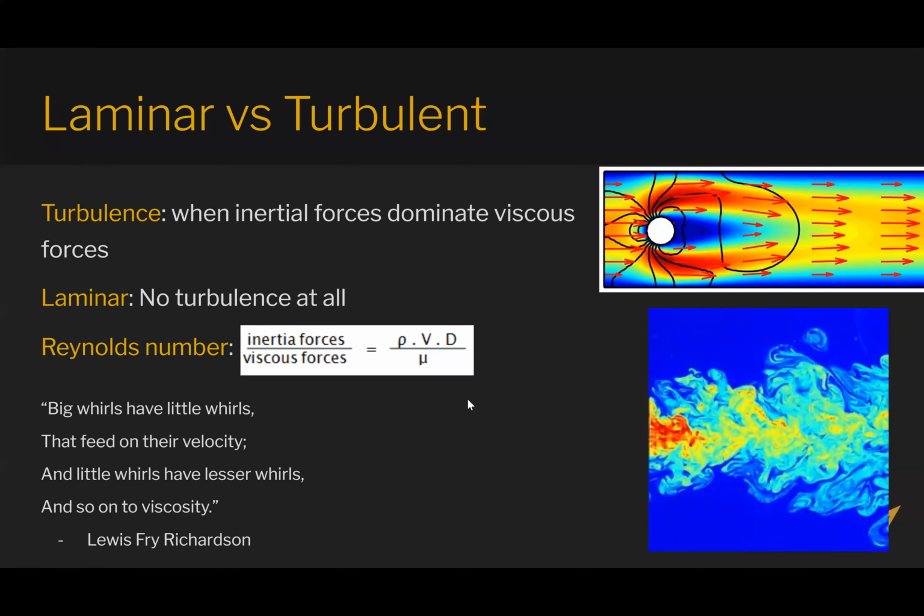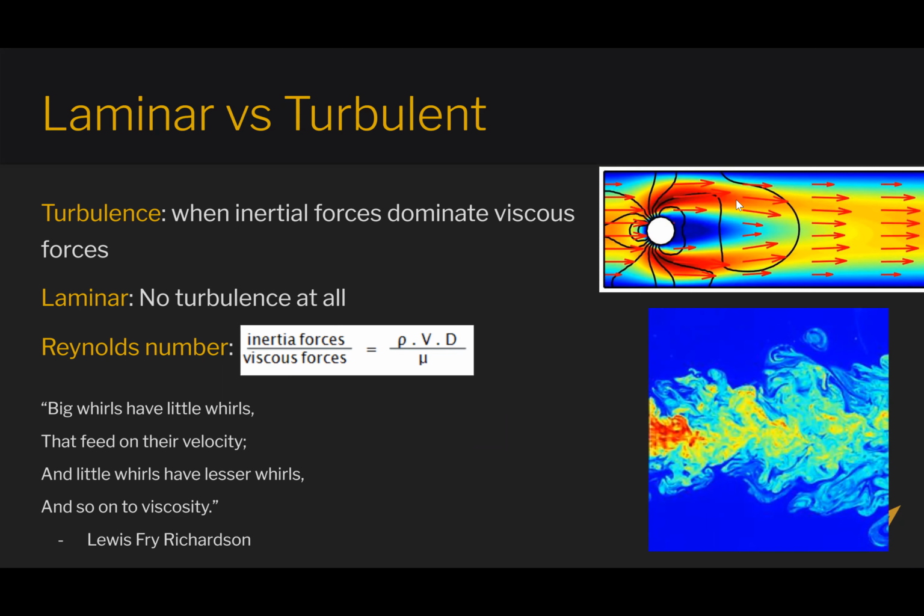So let's talk a little bit about laminar versus turbulent flows. These are two different types of flows where, if you look to the right real quick, laminar is just even flow, no movements. You can basically describe it as very even moving with soft contours.